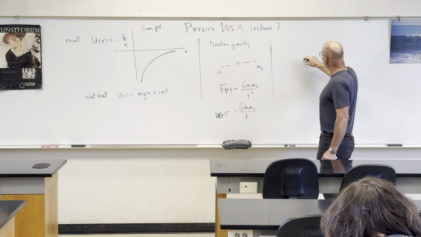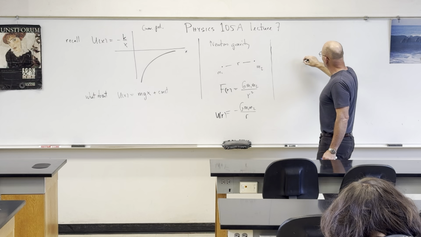G large mass, small mass over r squared. That's right. So F of r is equal to G M1 M2 over r squared. That's the celebrated inverse square law.